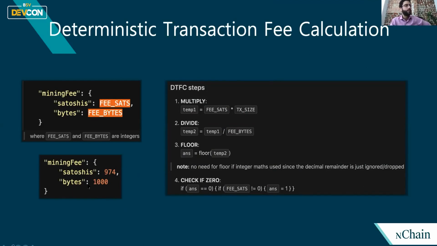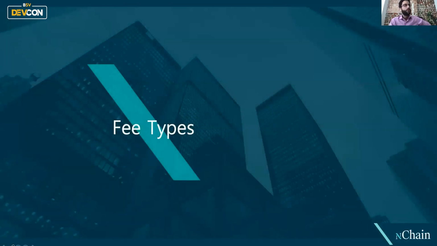And just for proper convention, we recommend that the bytes be a power of 10, just to make things more standardized and clearer. So this is where you would calculate a fee as a merchant, or someone creating the transaction to the merchant.